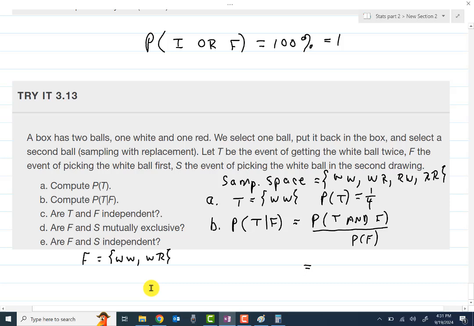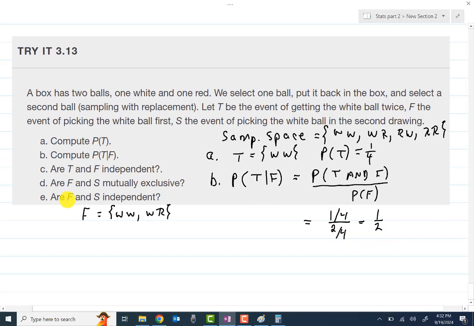So the probability of T and F is 1 out of 4. And the probability of just plain old F was 2 out of 4. So that equals 1 out of 2. And the way I was setting it before, I'm going to say it in a bit of a different way. Well, let me finish the problem and then I'll finish what I was saying.